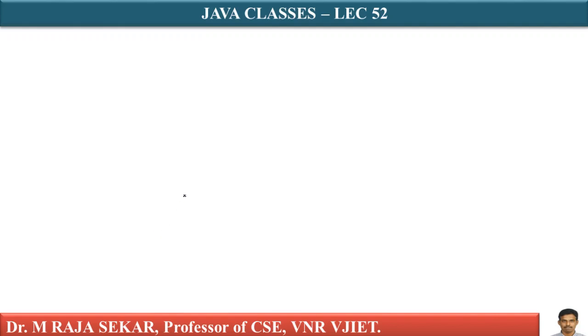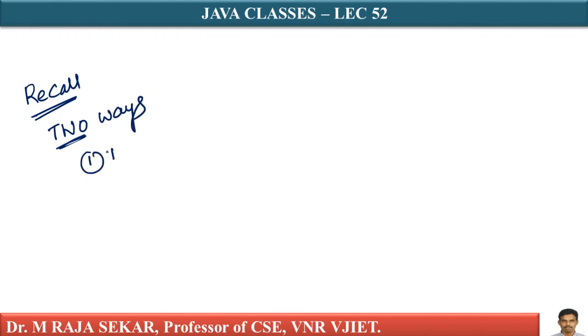In this lecture, we will try to understand creating a thread by using the runnable interface. Recall my previous lectures. In one of them, we discussed that a thread can be created in two ways. The first way is by extending the thread class.